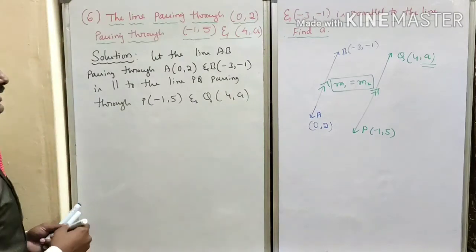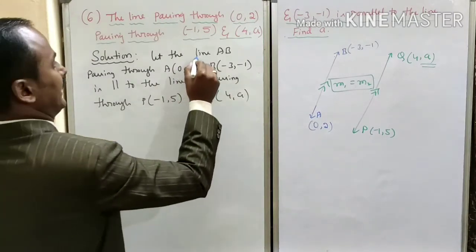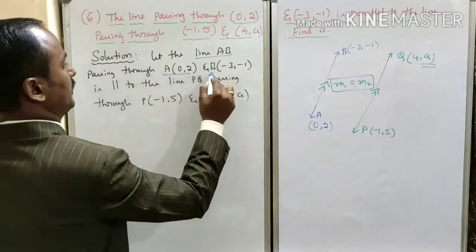Is it correct, children? The line AB is passing through A and B coordinates.